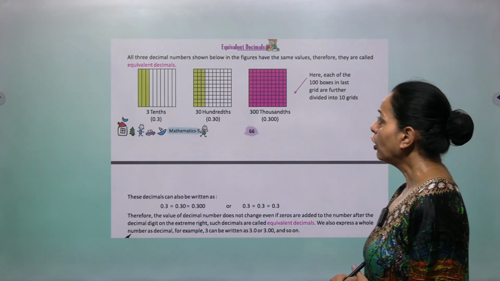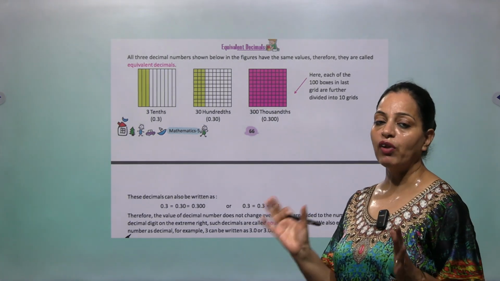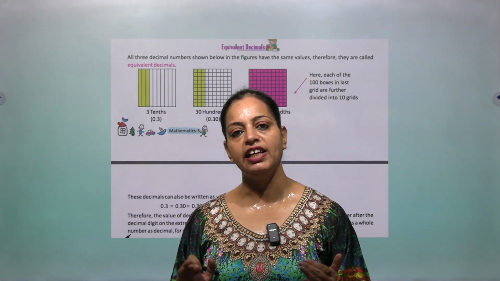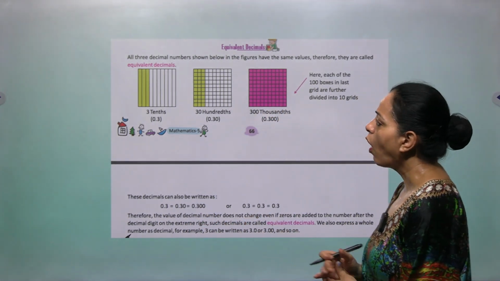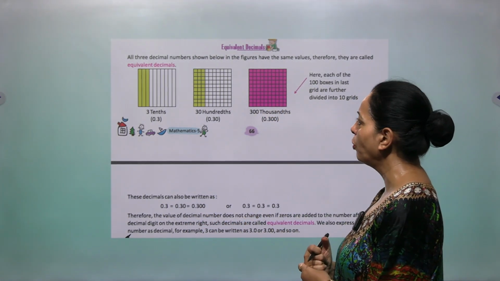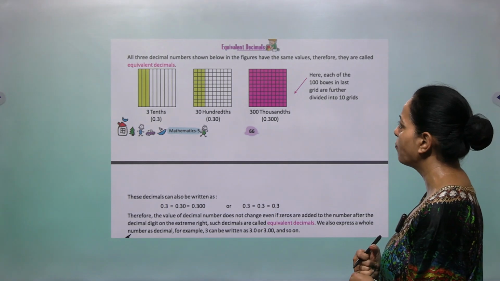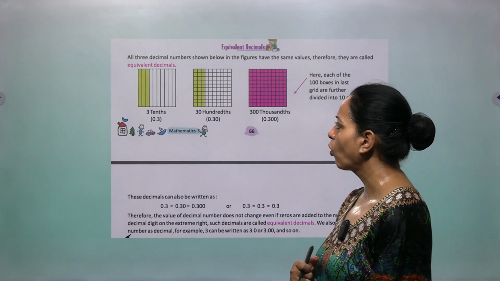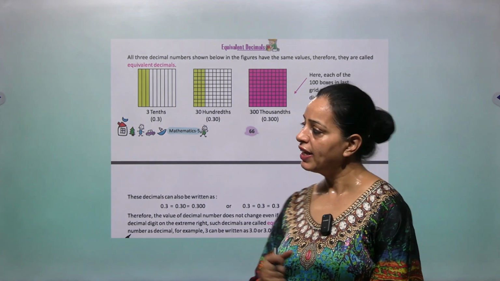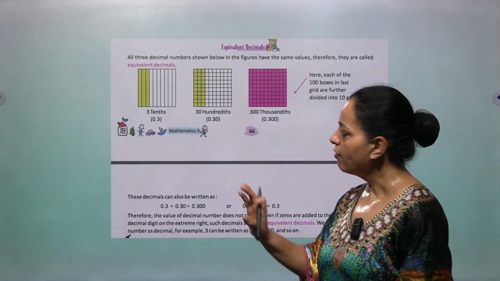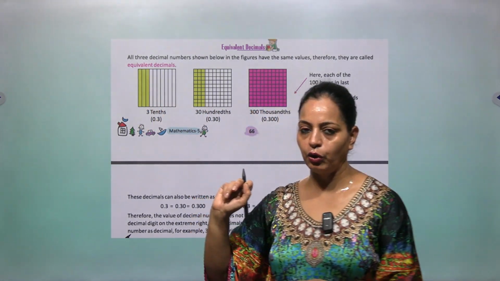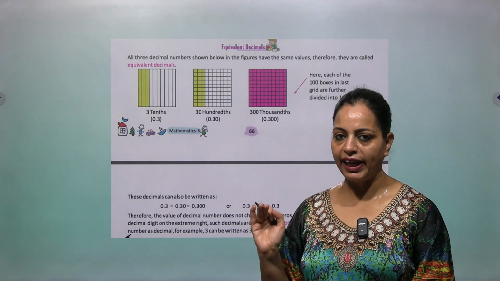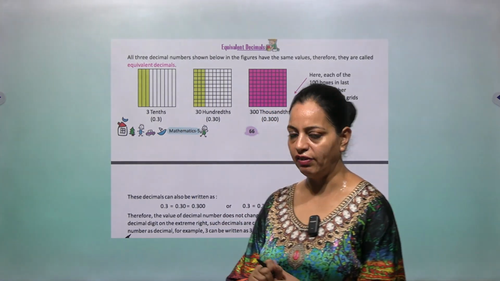Now equivalent decimals. जैसे हमने equivalent fractions की बात की थी, ऐसे ही equivalent decimals होती हैं. It's very simple. See, all three decimal numbers shown below in the figures have the same values, therefore they are called equivalent decimals. इन्होंने हमें 3 figures दी हैं. The first one में out of 10 parts 3 are shaded, so it becomes 3/10, ये बन गया 0.3.